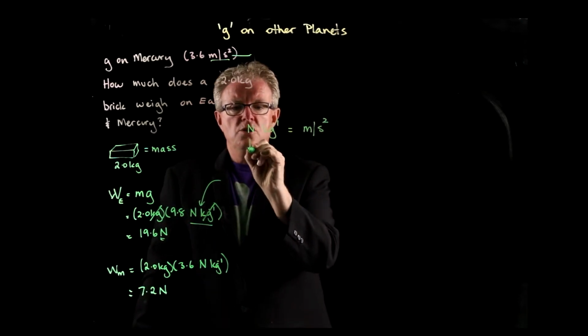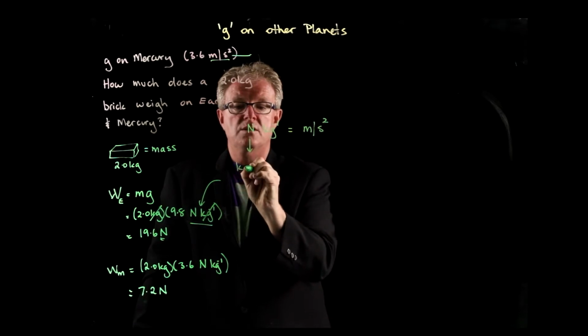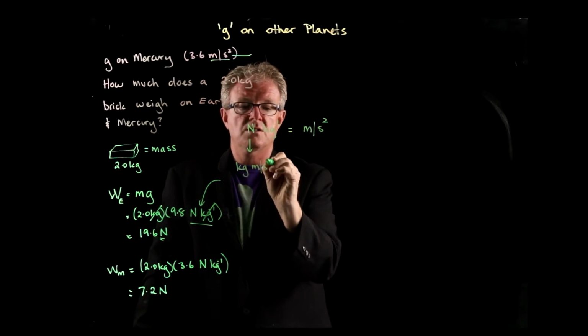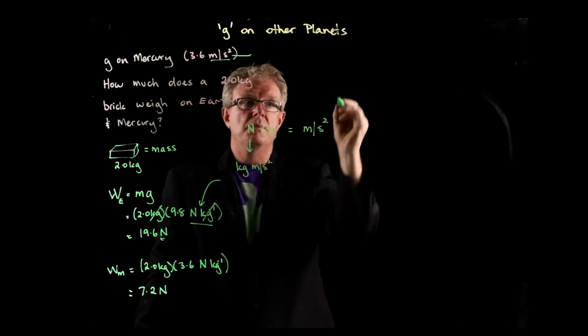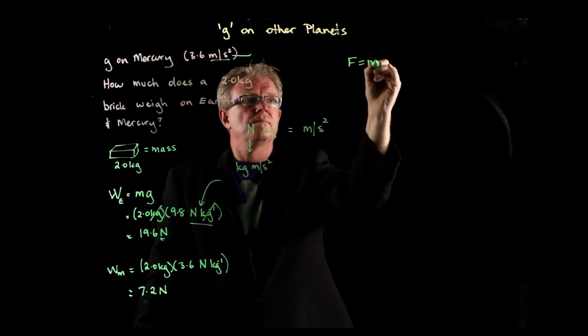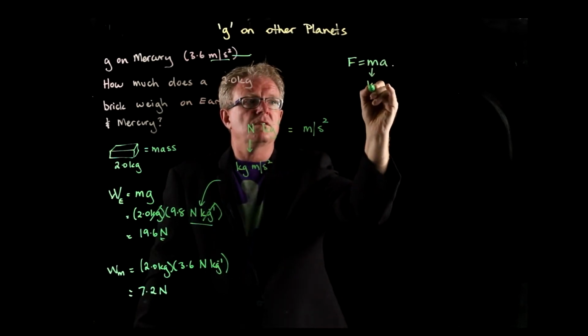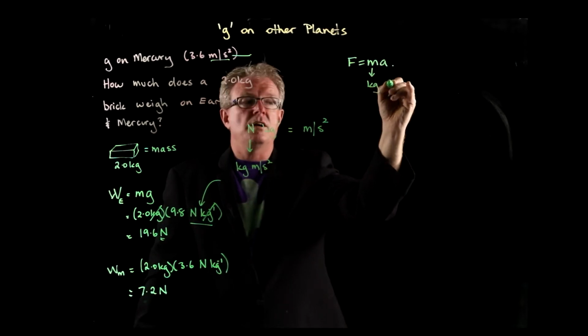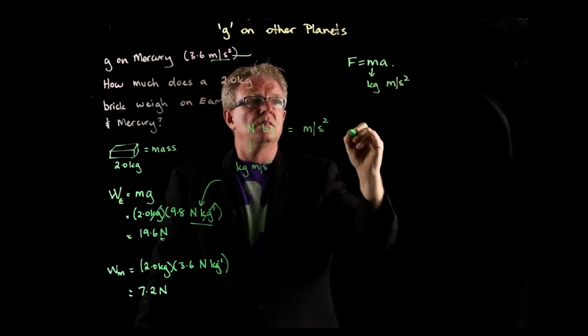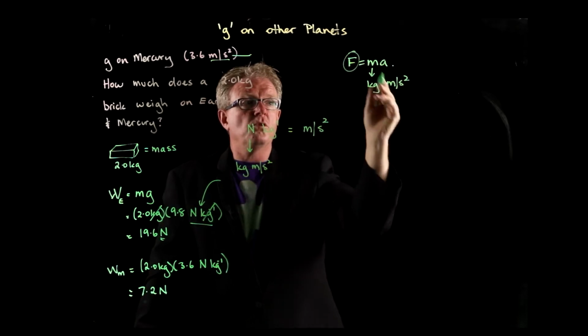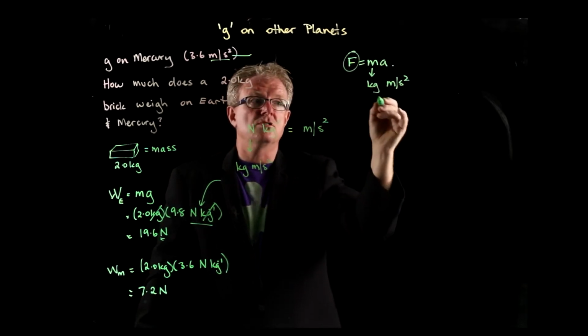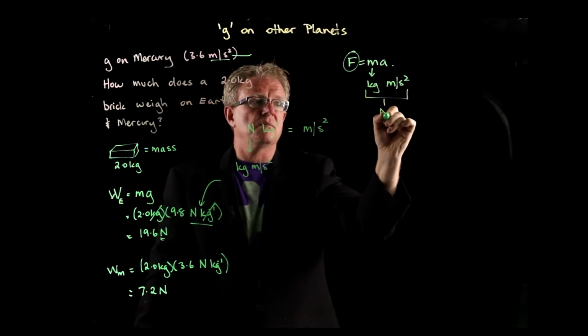Well, a newton is the same as writing kilograms meters per second squared. If you remember that F equals ma, mass is in kilograms, and acceleration is in meters per second squared. And usually when we talk about the force, we say the answer is in newtons.